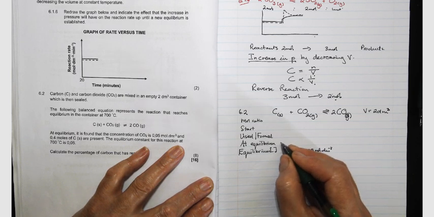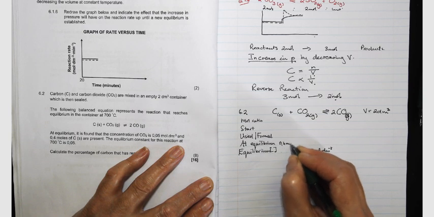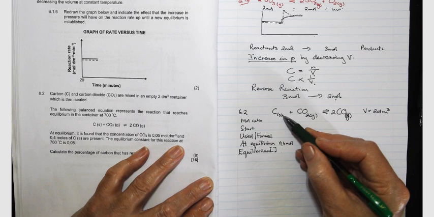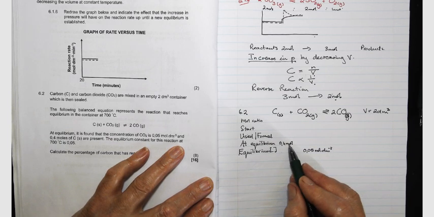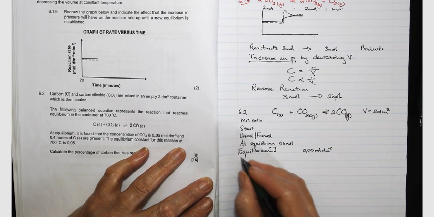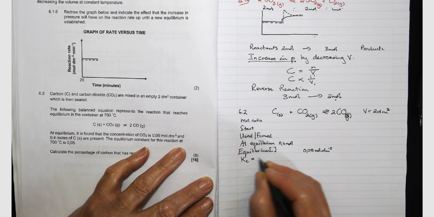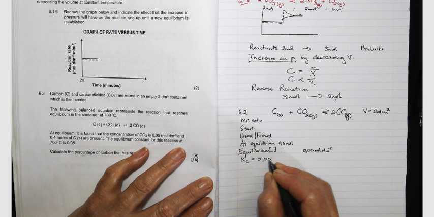So at equilibrium, the mole of carbon is 0.4 moles. Now carbon is a solid, so carbon will not be part of the equilibrium constant. The equilibrium constant for this reaction at 700 degrees Celsius is 0.05. So they tell us that Kc is 0.05.